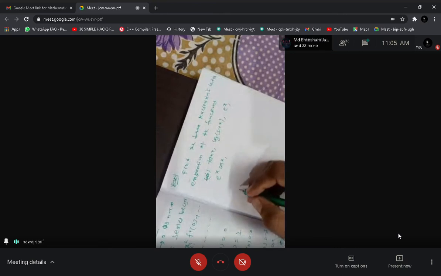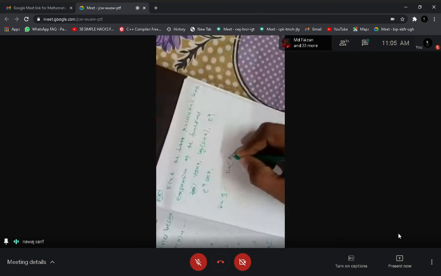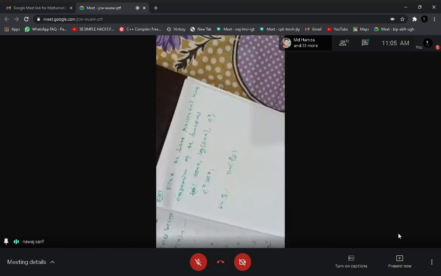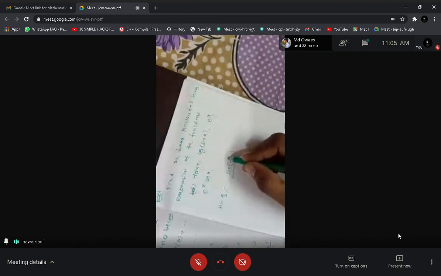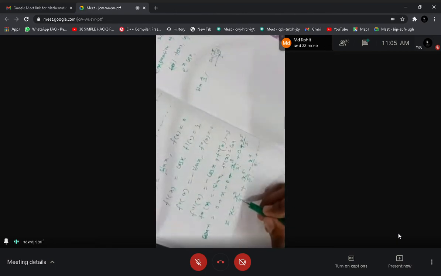If you try to find the value of a function at a particular point, I think you know the value of sine pi by 3. But if I ask you what is the value of sine pi by 100, can you say? No, you cannot say. In that case, if you know the expansion of the function, then you can directly find it. The expression for sine x is x minus x cube by 3 factorial, and so on.